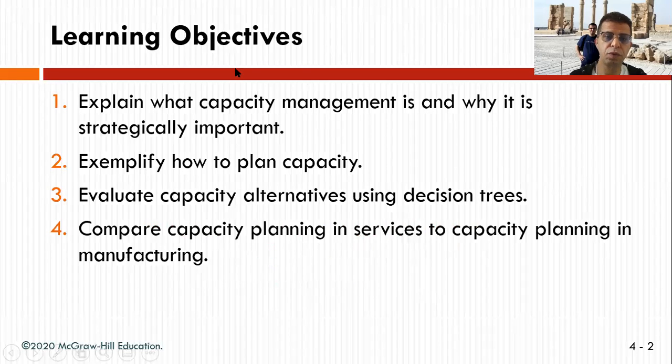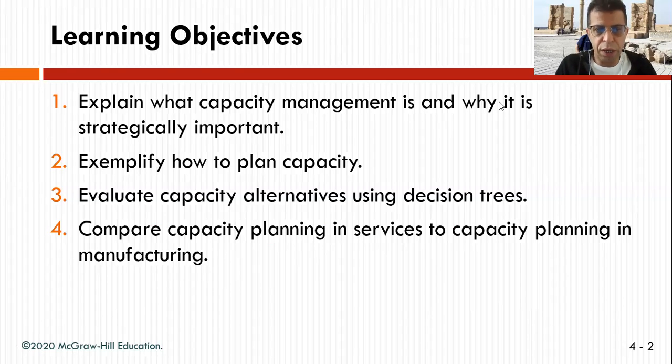Now, the objective of the learning is that we need to explain what capacity management is and why it is strategically important. We need to exemplify how to plan a capacity. We'll bring an example of how we plan a capacity.